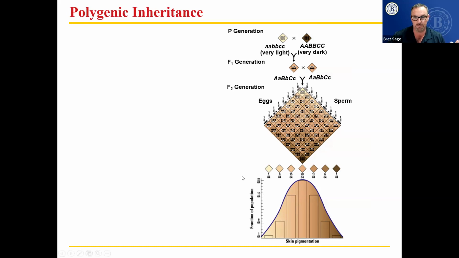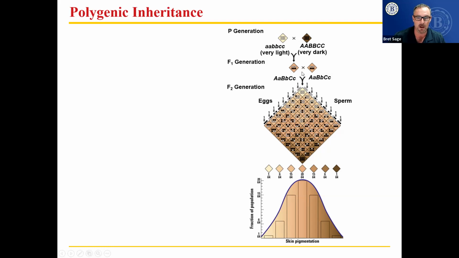So for example, if you find somebody here up at the top of this that has 5 genes for light skin and 1 gene for dark skin, you would have a very light brown individual. But down here, if you have all the genes for dark, you would have a dark black skinned individual and then all the combinations above.